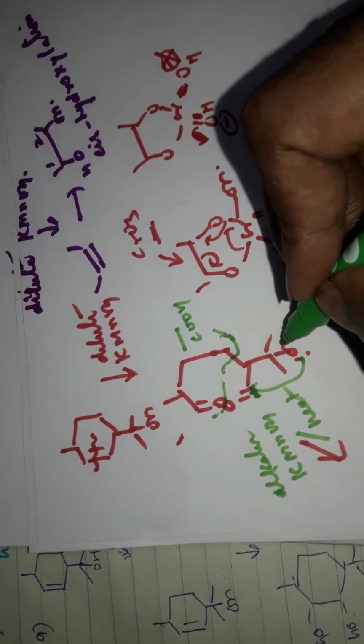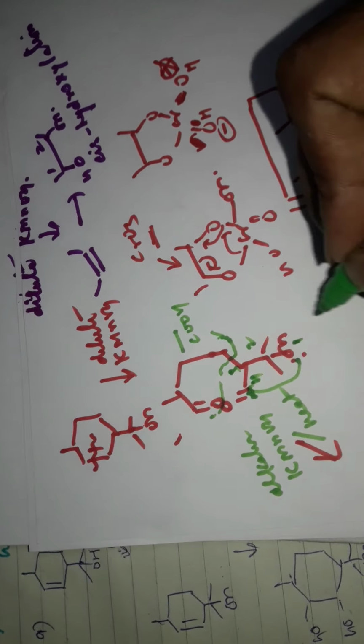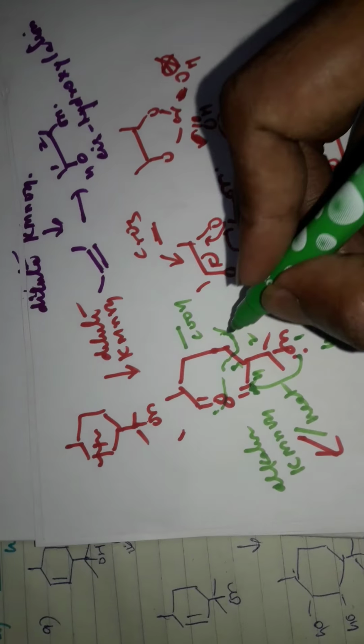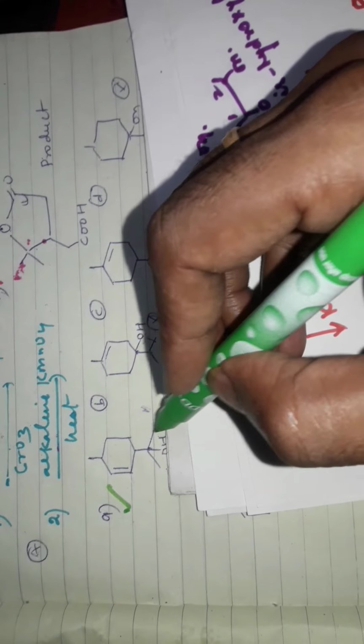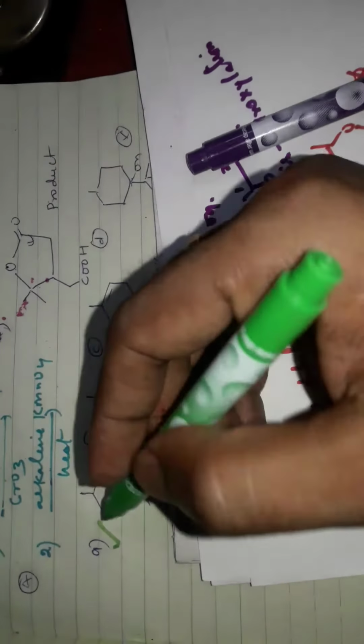How many membered ring will be formed? 1, 2, 3, 4 membered. So if you select this one, a 4 membered ring will be formed, but in the product a 5 membered ring is given here. So you should neglect that one.